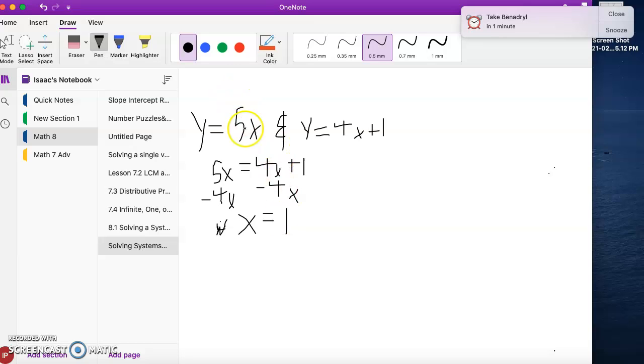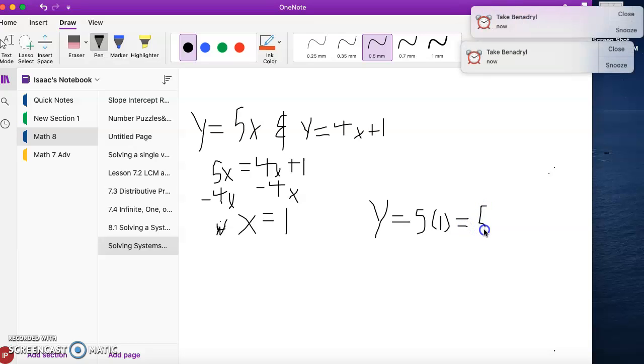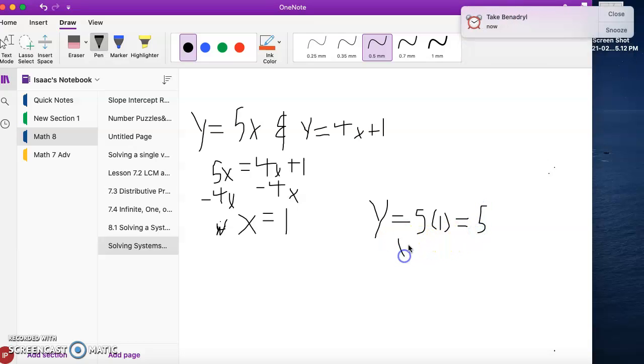And now because this top one is easier, I'm going to say y equals 5 times 1, so that's 5, and y equals 5 there.